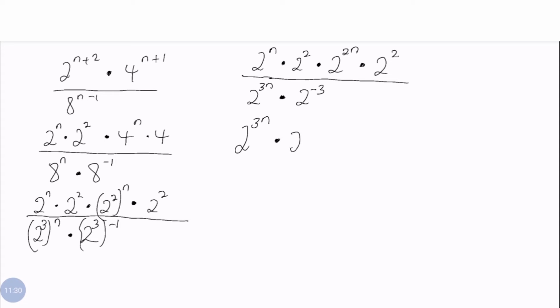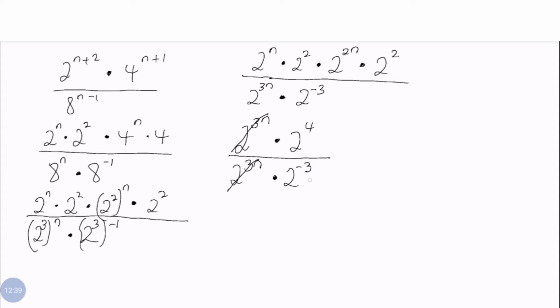So we'll have 2 to the power 4, all this over 2 to the power 3n multiplied by 2 to the power negative 3. So now this is multiplication, which means we can divide this. We'll cancel that. So now we have 2 to the power 4 over 2 to the power negative 3.